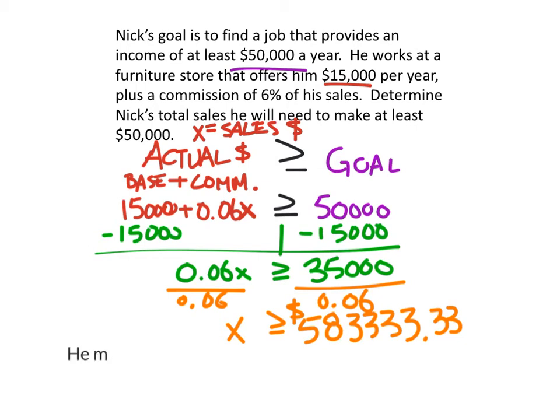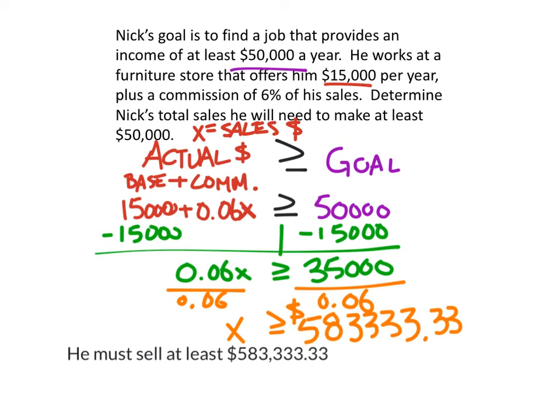He must sell at least $583,333 and 33 cents. That's rounded, of course. If you rounded that down, then he wouldn't really make it, which is true, but that's a little bit more nitpicky than I want to be on this one.